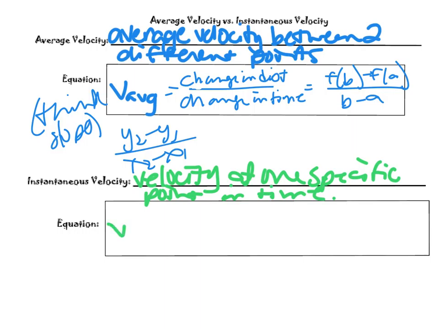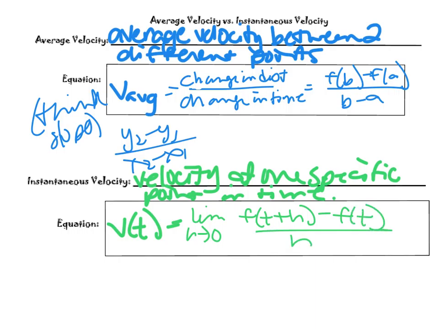And so that, your velocity with time, is my limit as h approaches 0 of f of, instead of x, we're doing t for time, plus h minus f of t over h. So basically, your instantaneous velocity is your first derivative. That gives you the expression. So just like on the last screens, this limit process gave you the slope of a line, it also gives you instantaneous velocity at any point.